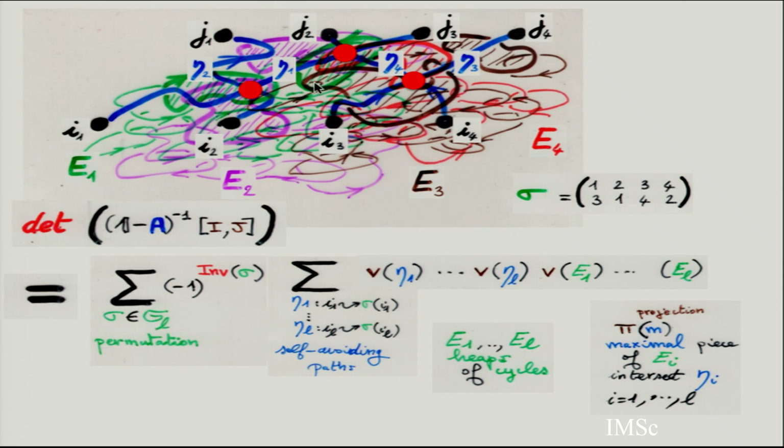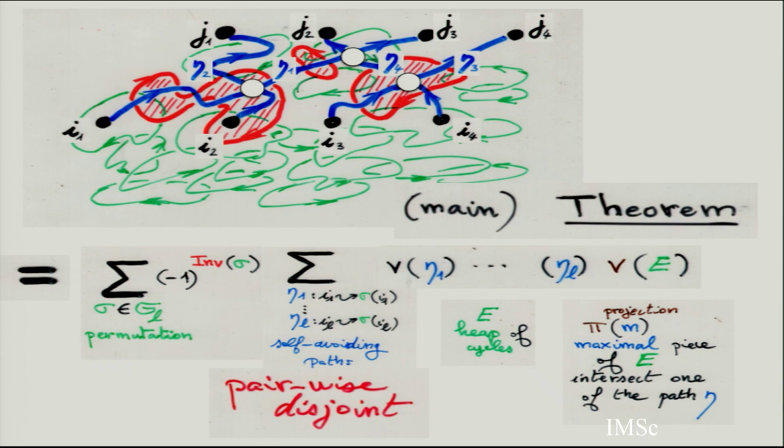So this picture I can write like this. This is just the interpretation of my determinant, the left-hand side of the main theorem, and the right-hand side of the main theorem tells you that this big summation, which is here with some different heaps of different colors related to some different blue paths, is equal to this.